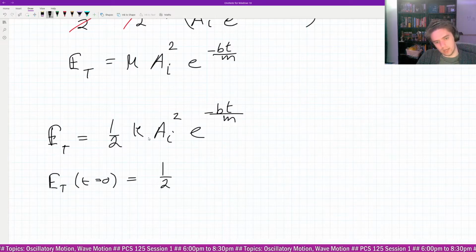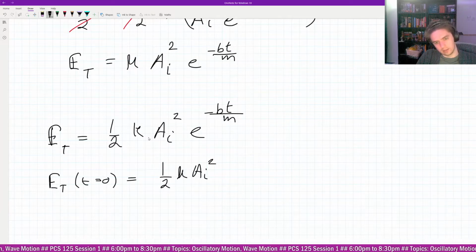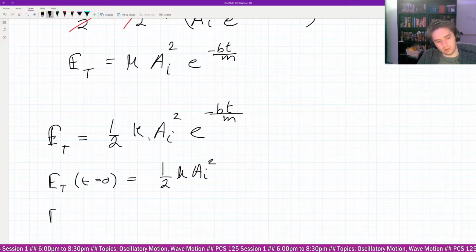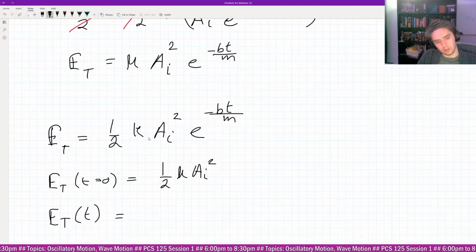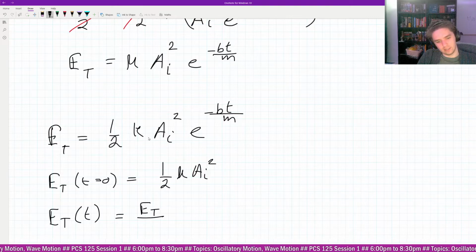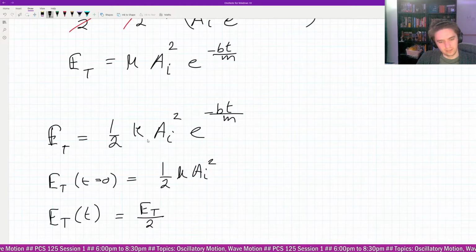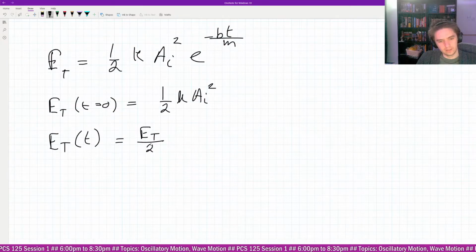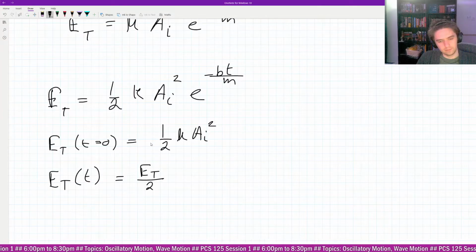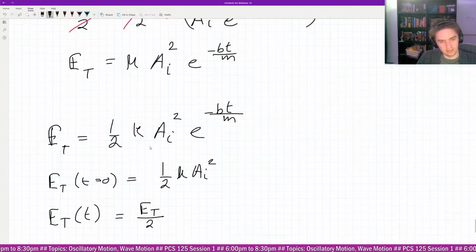This is 1/2 k A_i squared e to the 0, which is 1. Okay, but now we want to know E of t, and we want to know when does E of t equal the total energy divided by 2. For what value of t?